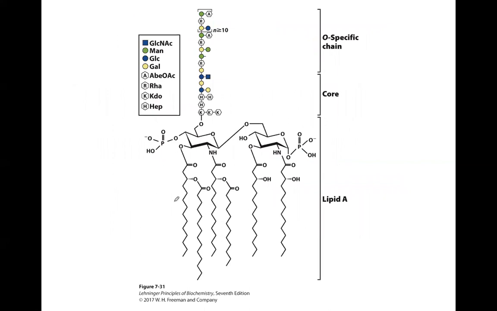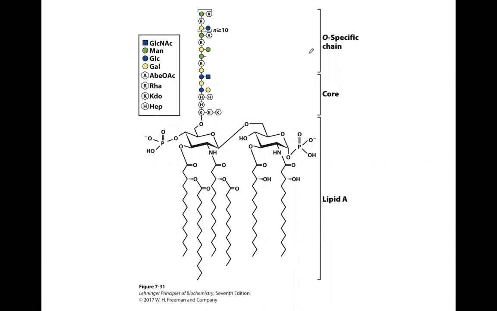Almost all gram-negative bacteria, such as E. coli, for example, they will all have that. There's a core structure, which consists of a number of carbohydrates, which also conservative. And there's an O-specific chain, which is different for different bacteria.